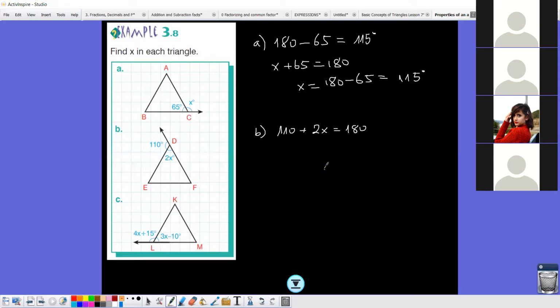Then 2x will be 180 minus 110. Then 2x is equal to, what is 180 minus 110? 70. Then x will be 70 over 2. It will be 35.